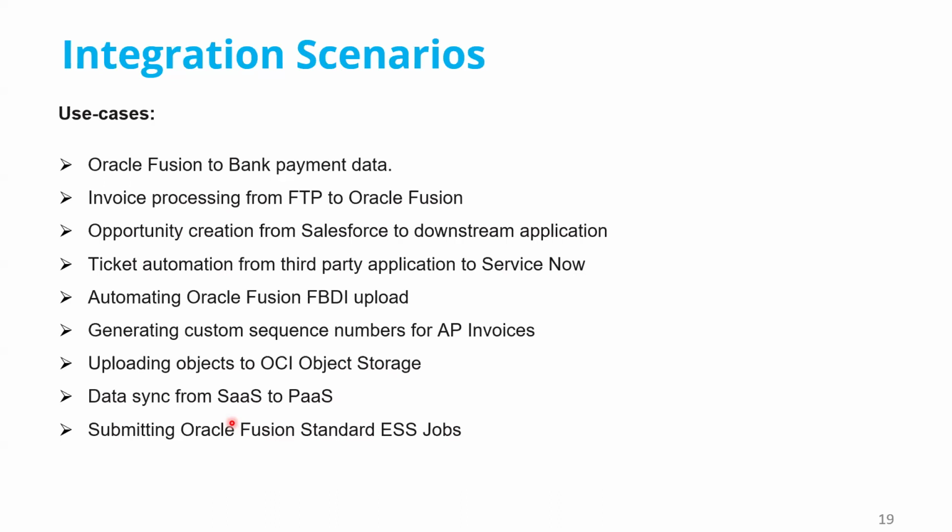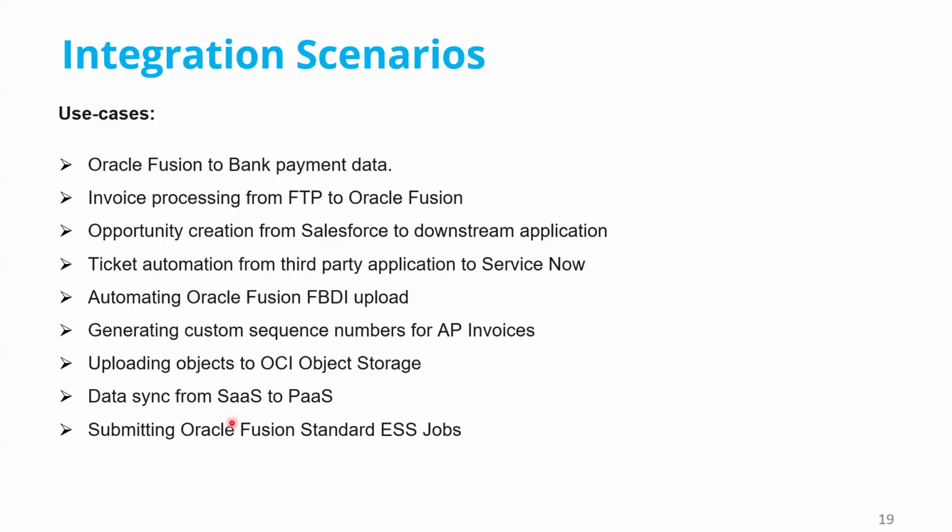We have another system called Salesforce, and whenever an opportunity is created in Salesforce, we want to move it to a downstream application. You can also automate ticketing, so whenever there is an error, you can raise a ticket.